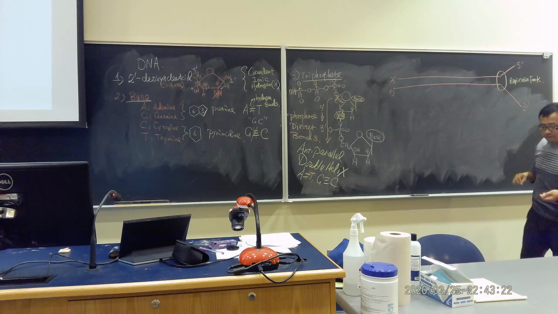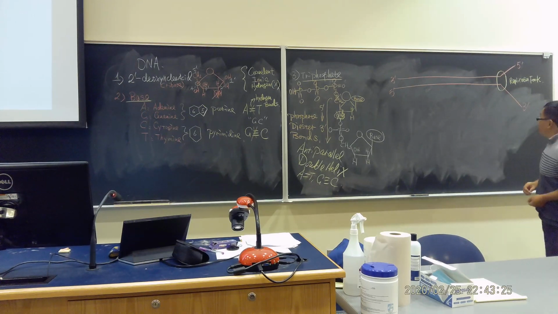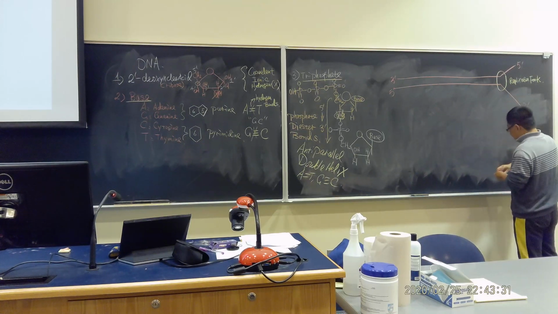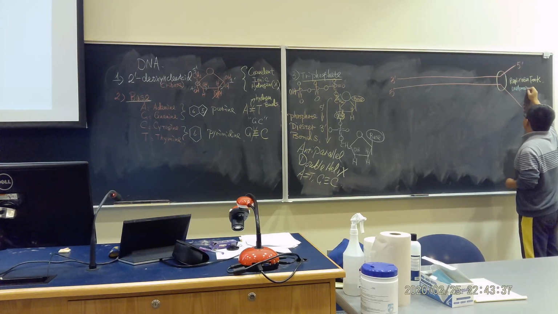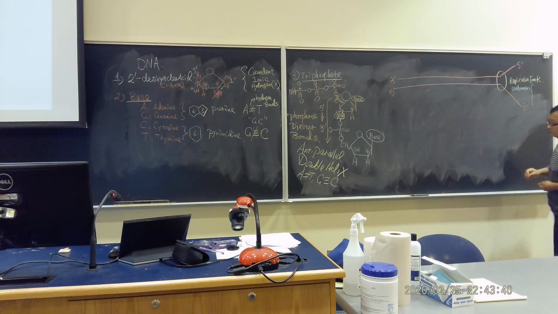Okay, once this replication fork is formed, they need to rely on a group of proteins called DNA A, DNA B, and DNA C. What is DNA A? DNA A originates the replication, which means it gives you a signal that it starts replication.